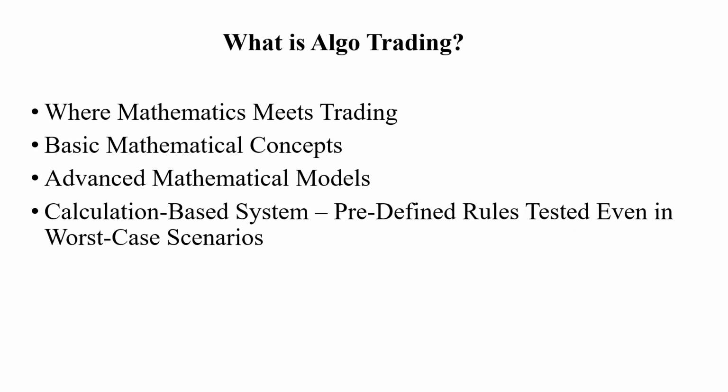It works with predefined rules, and it also calculates the worst case scenario, what can happen when the trade goes against you. So the interesting part is a computer is going to trade based on basic mathematics and advanced mathematical models, and it is a calculation based system. It has no emotions and no fear.